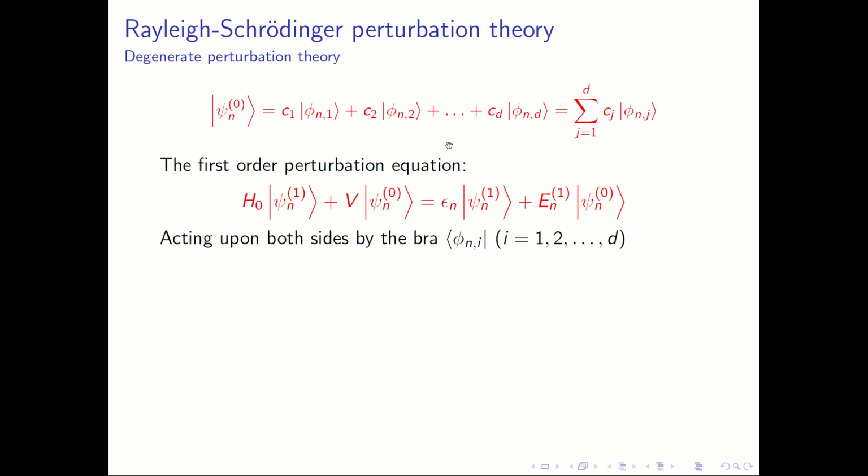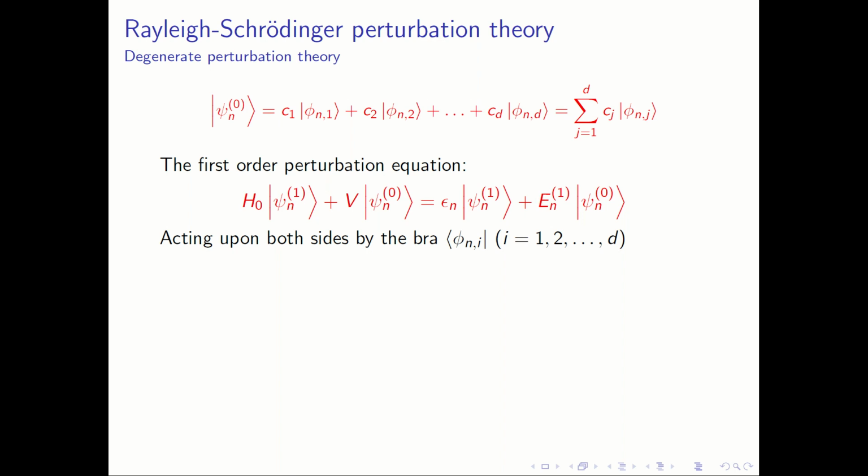So what we do is, instead of acting upon by one psi n 0 which we don't know, we are going to act upon this by all the d bras which correspond to this energy. So phi n1, phi n2, phi n3, all the corresponding bras are going to act on the left hand side of both sides of this equation. Of course, that will give us d separate equations to deal with.